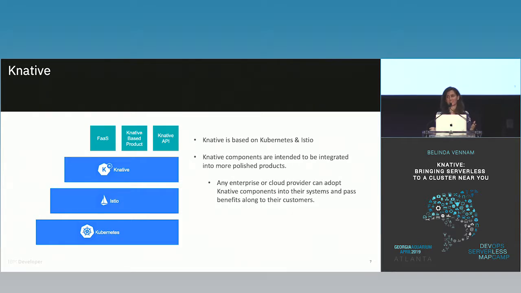So that number should indicate something to you, right? It's not at 1.0. So there's a lot that's still moving and changing. So I think it's going to be interesting to see how some of the current products shift or align to Knative. In fact, I believe at the Google conference, they just released a product around Knative this morning, I saw on Twitter. So some interesting stuff happening there.